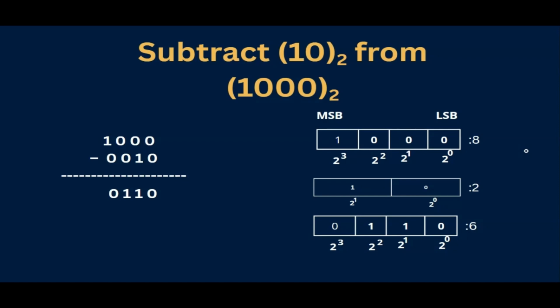Just to check our result, we can verify it using the decimal system. So this 1000 is equivalent to 8, because 1 into 2 cube is equal to 8. Then this 10, that is 1 into 2 raised to 1, which is equal to 2.